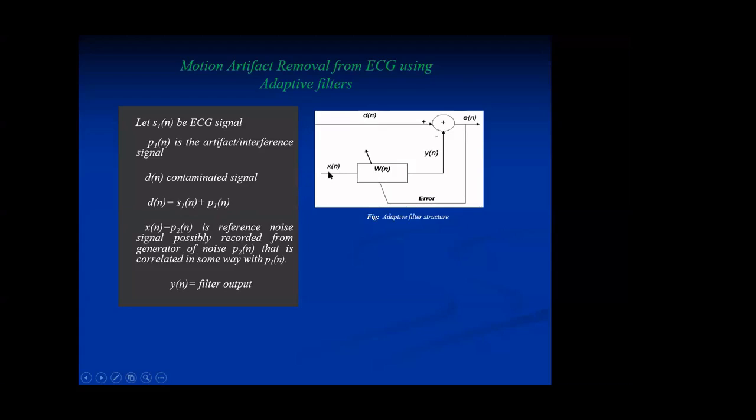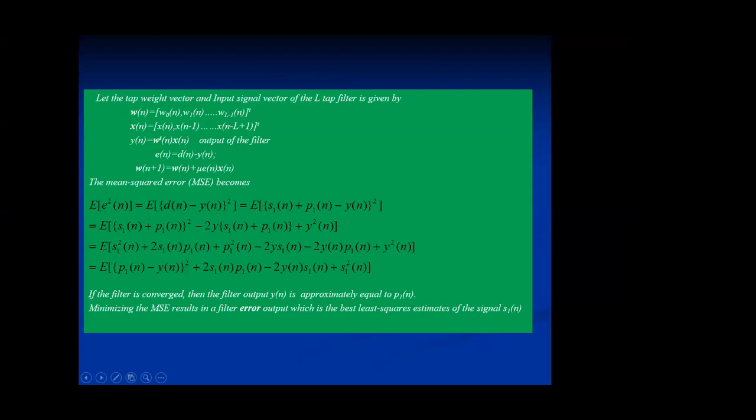This is somehow related with the P1 of n. I can measure this from the other part of the body, because mostly this noise will be almost constant throughout the body. So this is noise corrupted signal, the desired signal plus noise. This is only noise. If I apply this, after the convergence, we have some mathematical derivations. I'm going to skip all those things due to the time constraint.